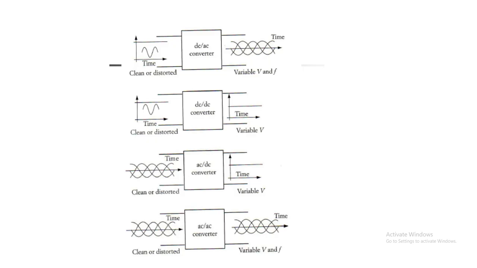So it is a chopper. Third, we have the AC to DC converter, that is, fixed AC to variable DC. That is called a rectifier or converter, that is, a controlled rectifier. And the last one is the fixed AC to variable AC converter, that is a voltage controller. We can call it a voltage regulator or voltage controller.